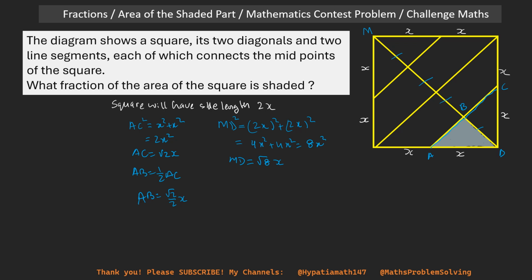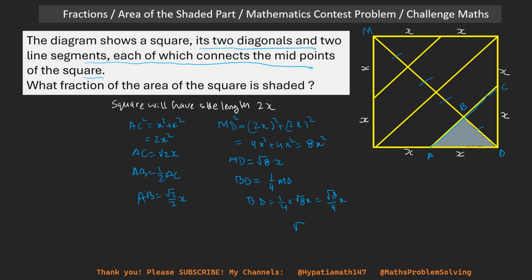And we know that BD is 1, 2, 3, 4, so all of these are equal. We know BD is 1/4 of MD by definition, from the question, since they're all midpoints. So BD is 1 out of 4 times root 8 x, that is root 8 out of 4 x.